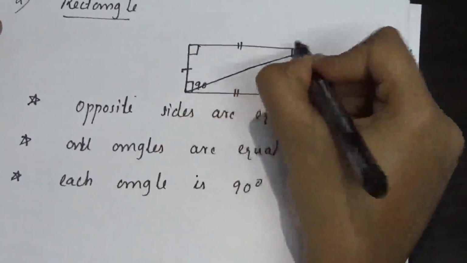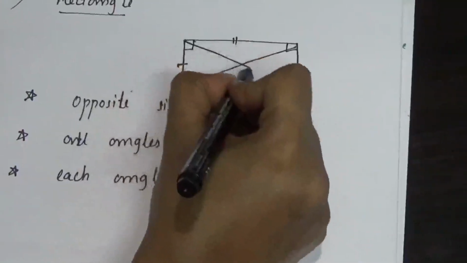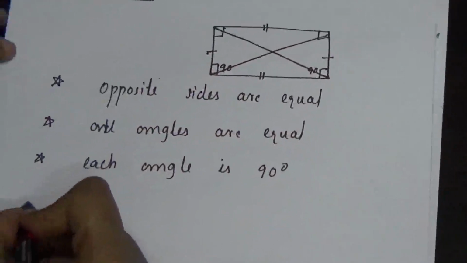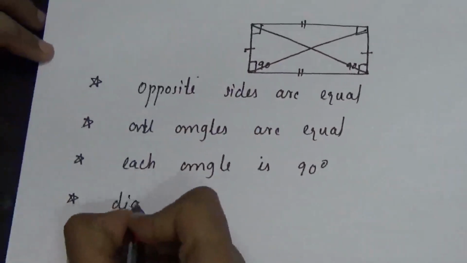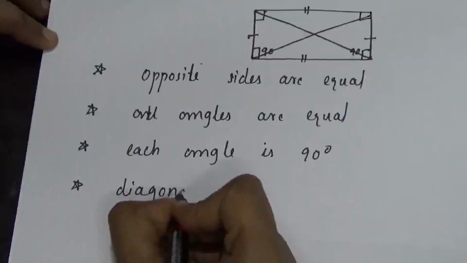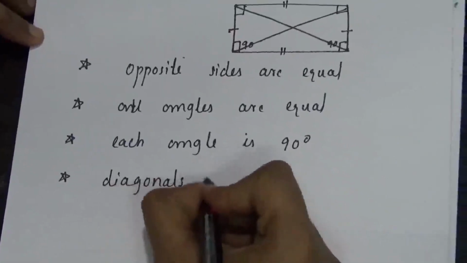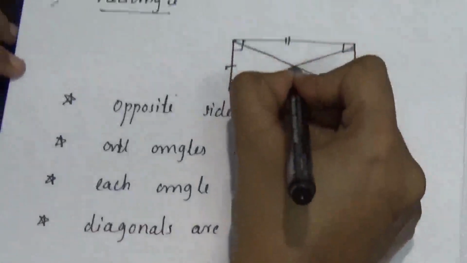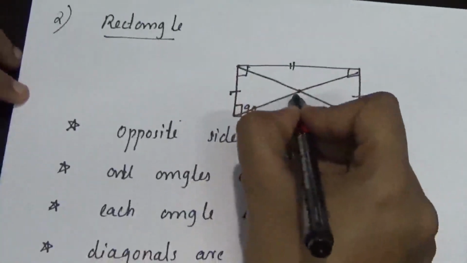Okay, now what about the diagonals? The diagonals of a rectangle are equal. Will it be the midpoint of the diagonal? Yes.